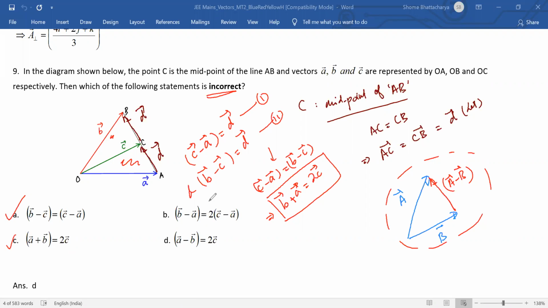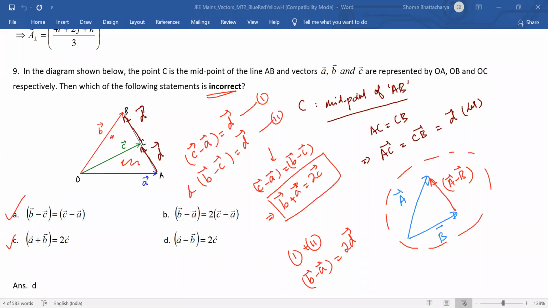Now how will we check this statement? For checking this statement, what you can do is add these two. So add equation 1 plus 2. You have B minus A on the left hand side, and that is equal to, on the right hand side, 2D.